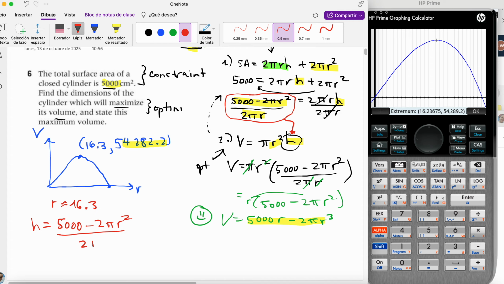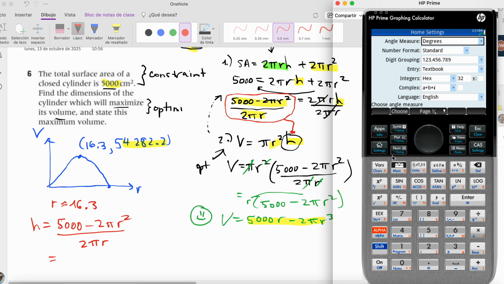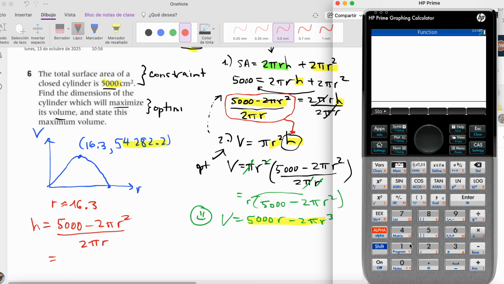So now just copy this, 1628.6, and then I'm just going to calculate it. I like to just use unrounded values. You won't get thrown off like that.